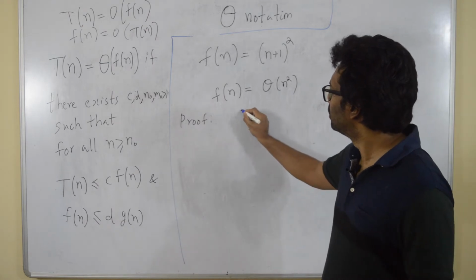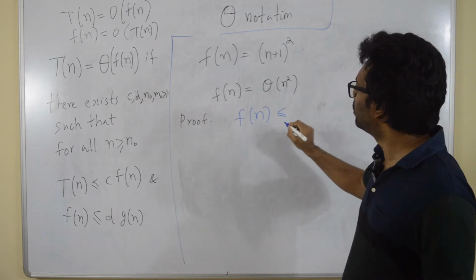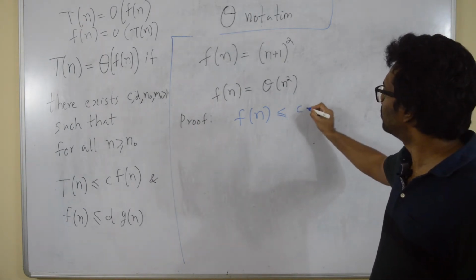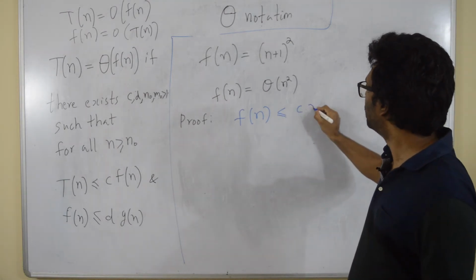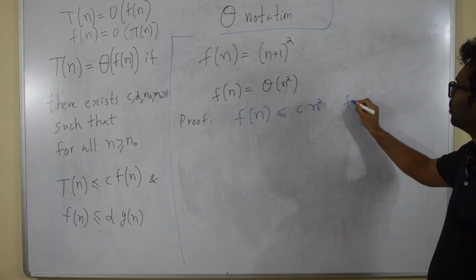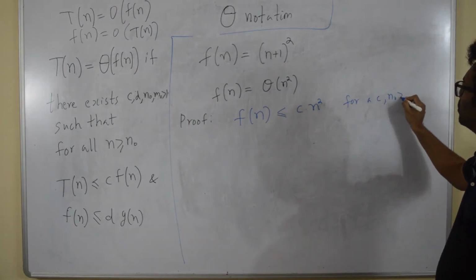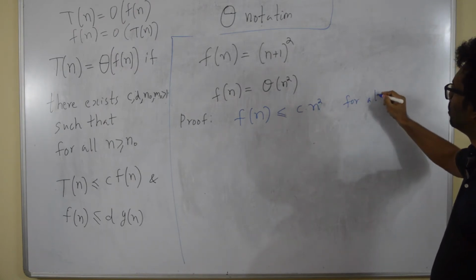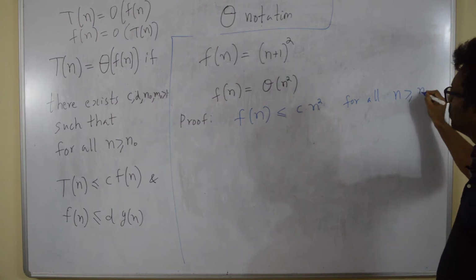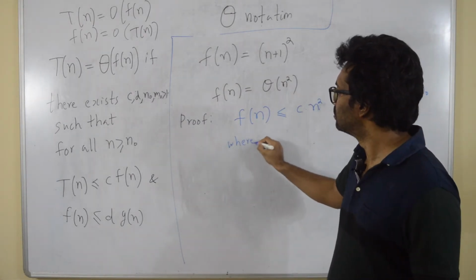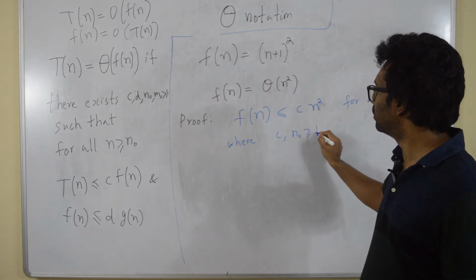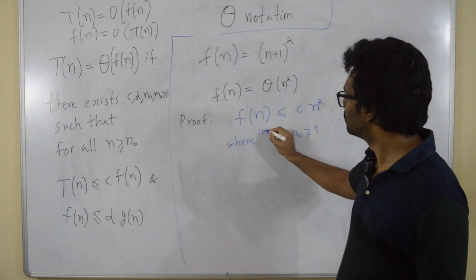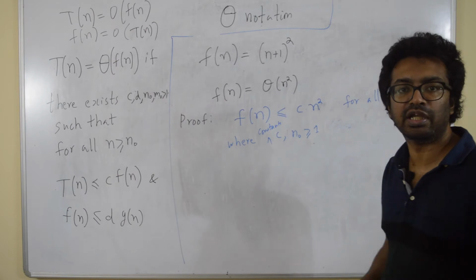So you have to show that f of n is less than or equal to c times n square for all n greater than or equal to n0, where constants c and n0 are greater than or equal to 1.